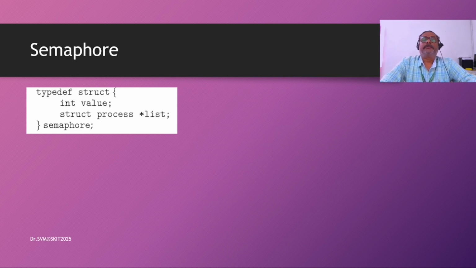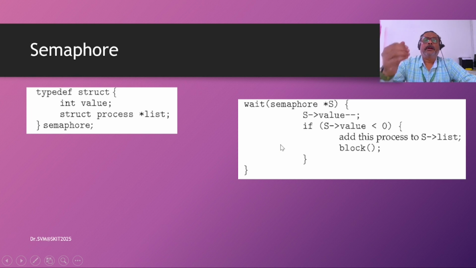So we have a list which stores the waiting processes, and we have a value, which says how many processes are waiting, or what the value of the semaphore is. When a process wants to use a shared resource, it will call wait on the concerned semaphore. It says wait for printer.